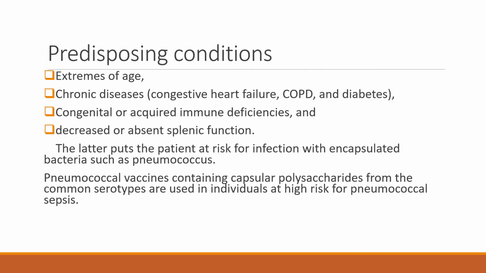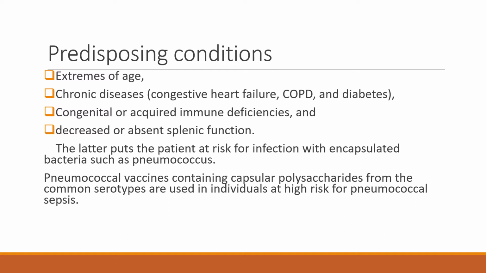Some predisposing conditions that lead to pneumonia are extremes of age, chronic diseases like congestive heart failure, chronic obstructive pulmonary disease and diabetes, congenital or acquired immunodeficiencies, and decreased or absent splenic function.